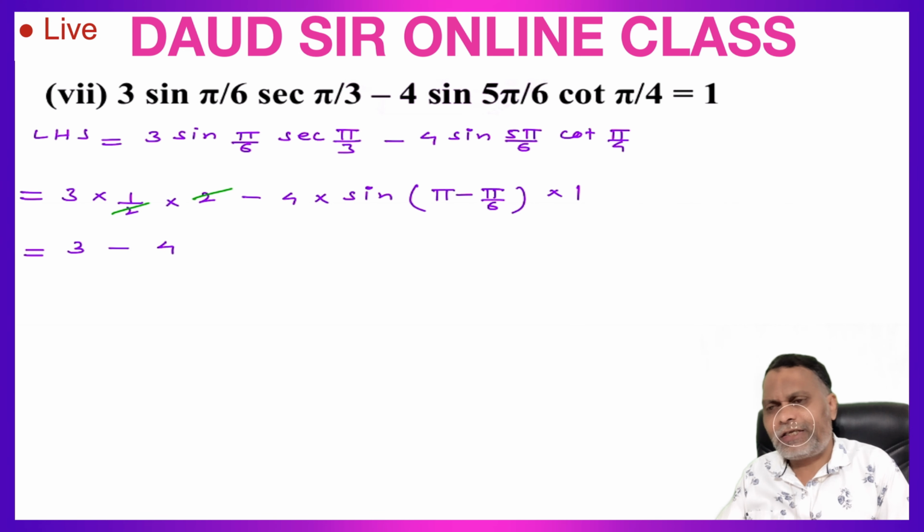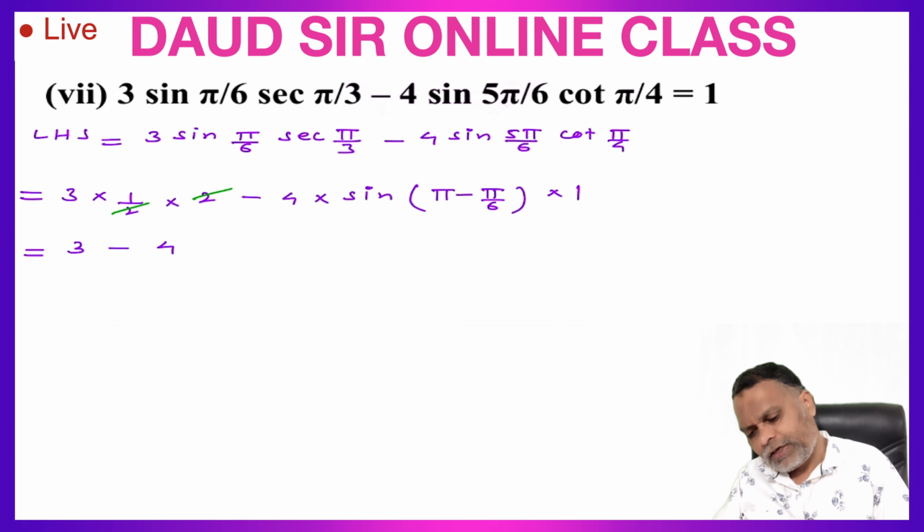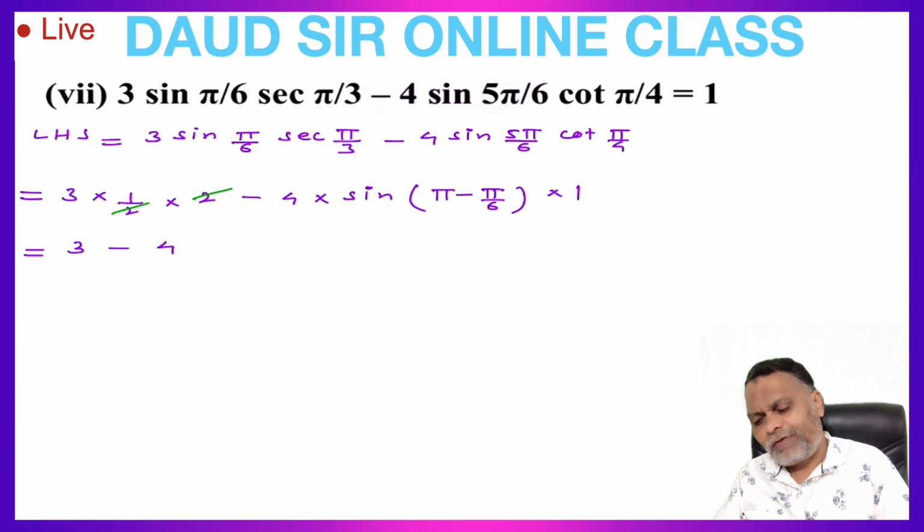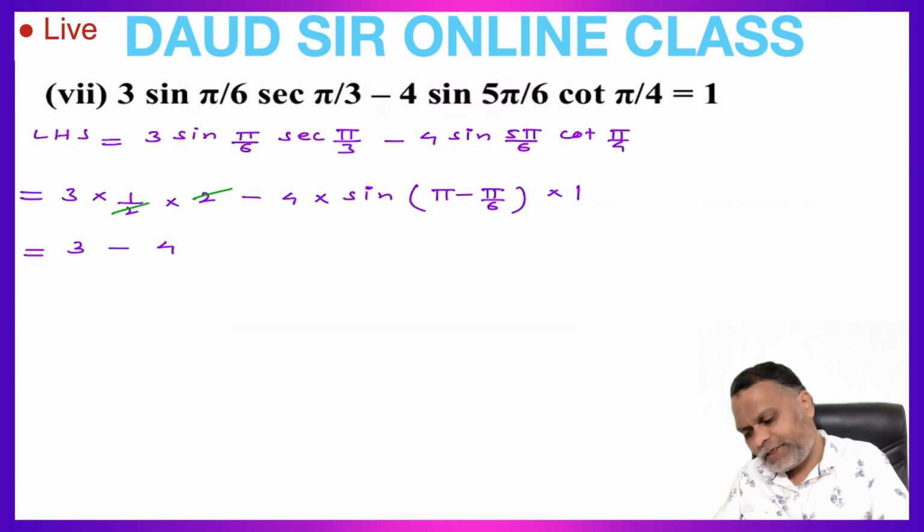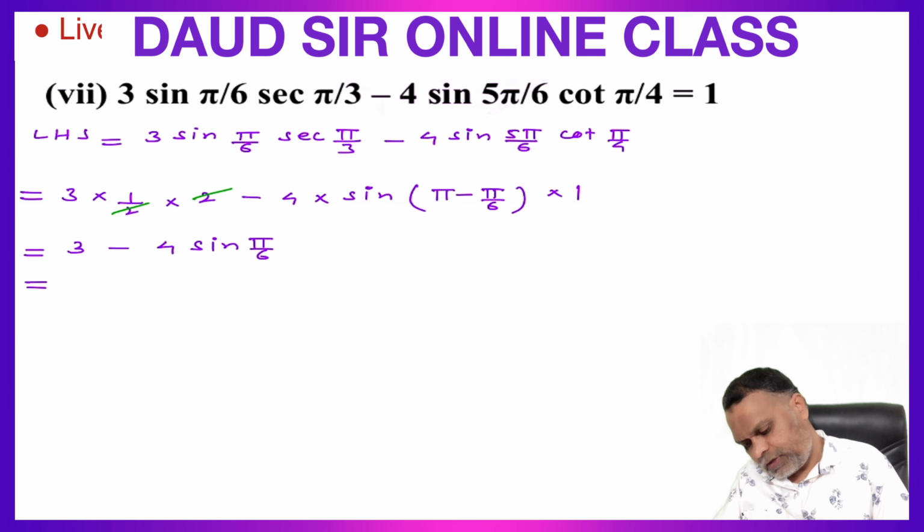Sin 180 minus theta lies in second quadrant. In second quadrant sin is positive. So this is sin. In case of 180 no change, so sin pi by 6 into 1. So this is 3 minus 4 sin pi by 6.